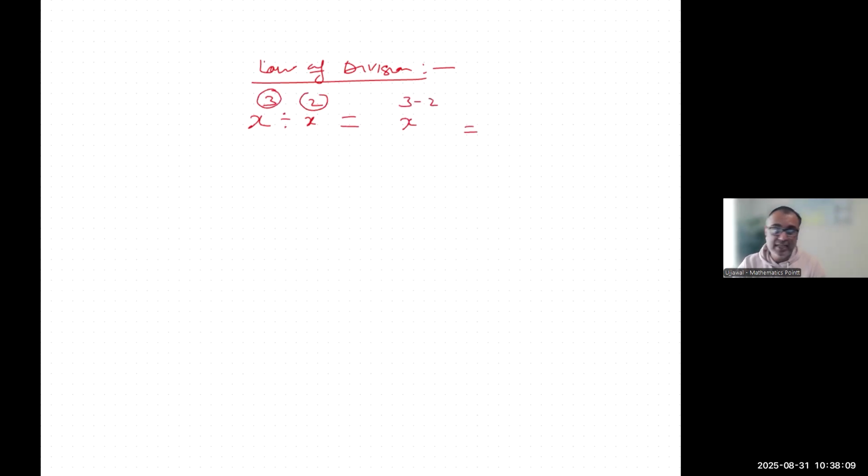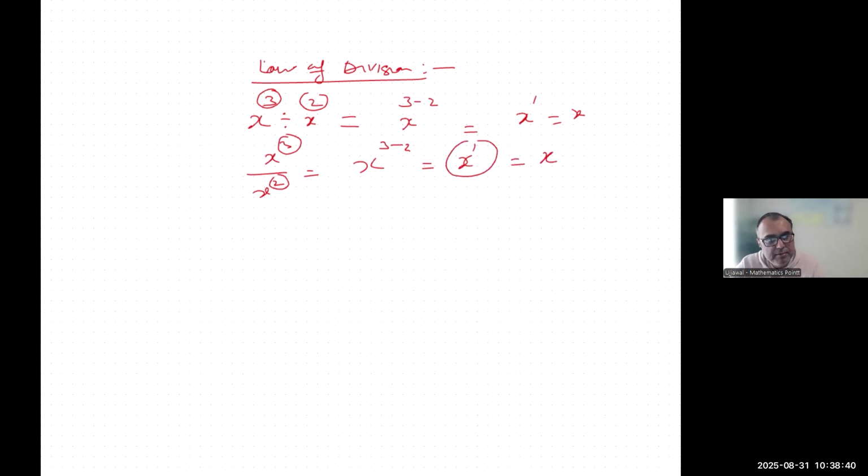And you subtract left to right in division. So it becomes x raised to the power 1, or x. I can also write it like this, x raised to the power 3 over x squared. So the division is with the numerator power coming first, take away the denominator power. So this becomes x raised to the power 1, or x. So that's the law of division.